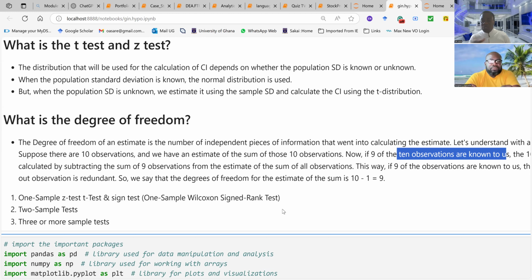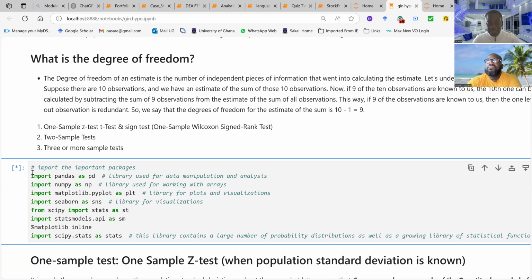Before we proceed, I want you to remember and run all of these packages. These are all pandas, NumPy, Matplot, Seaborn, SciPy, StatsModel, everything that you need. You have this. I want you to run this whole thing. Okay. This shows that it's running. When the star is gone, it means that the running is done.